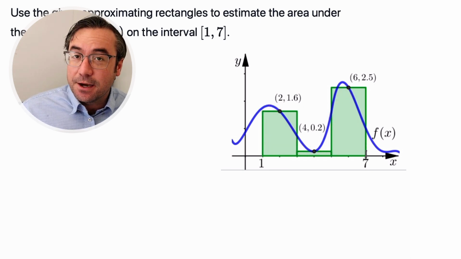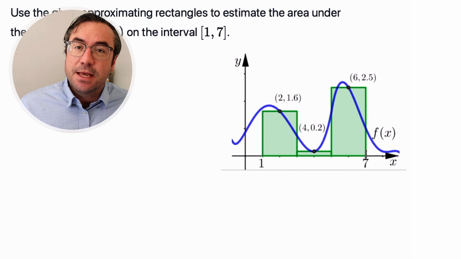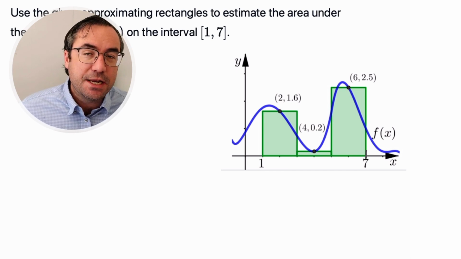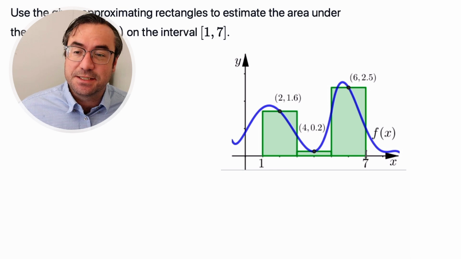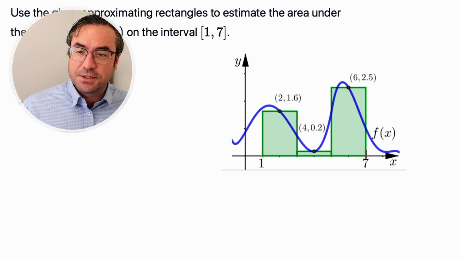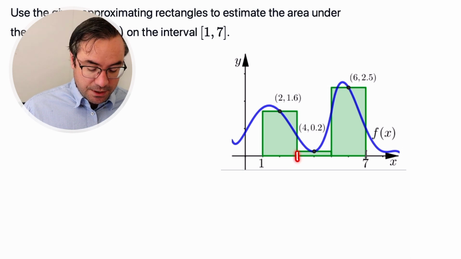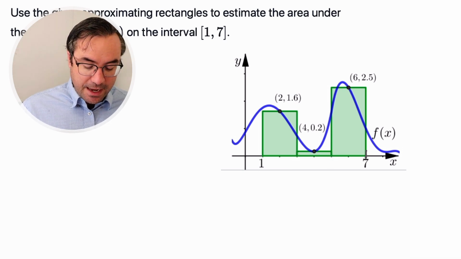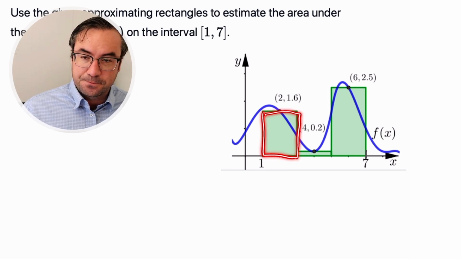The idea, as we mentioned, is we're going to break this region apart into smaller pieces, and we're going to use rectangles for those pieces. We've got our section of the x-axis going from 1 to 7, and we slice it up, and from each subinterval we get a rectangle.